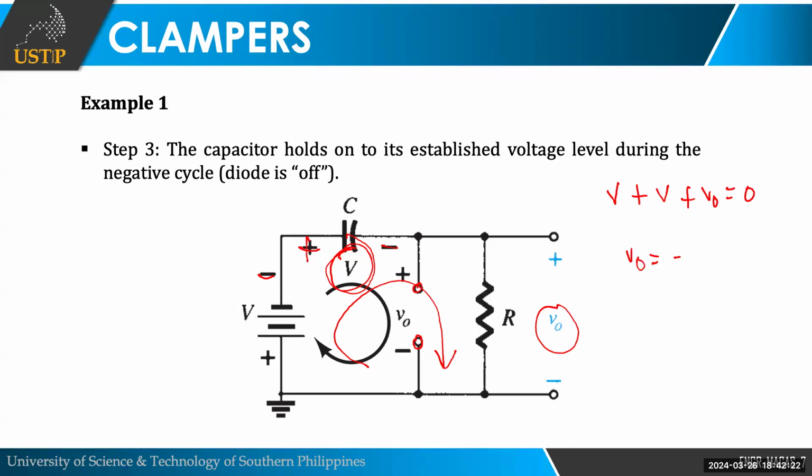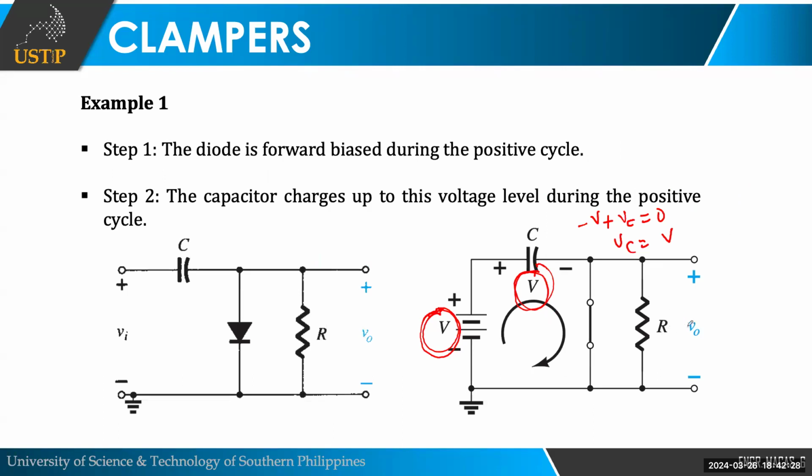If you transpose it, it becomes negative 2V. So now, class, let's graph it. Sorry, the output during the positive cycle is 0, because it is shorted. The resistor will always have 0 voltage, since it is parallel to the diode. So your V output here will always be 0 during the positive cycle.